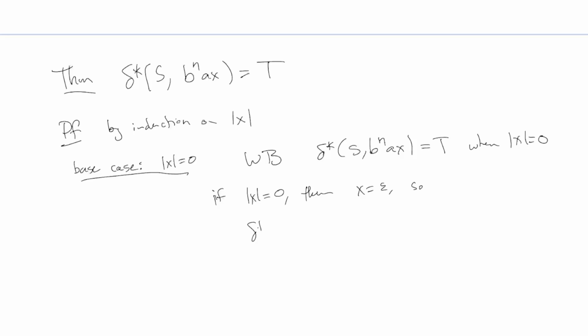So we get delta star s b to the n a x is the same as delta star s b to the n a, empty string, right? And then how did you handle this? I know some people made it this far. I need to show that this equals t. Anybody get to a similar spot as this?